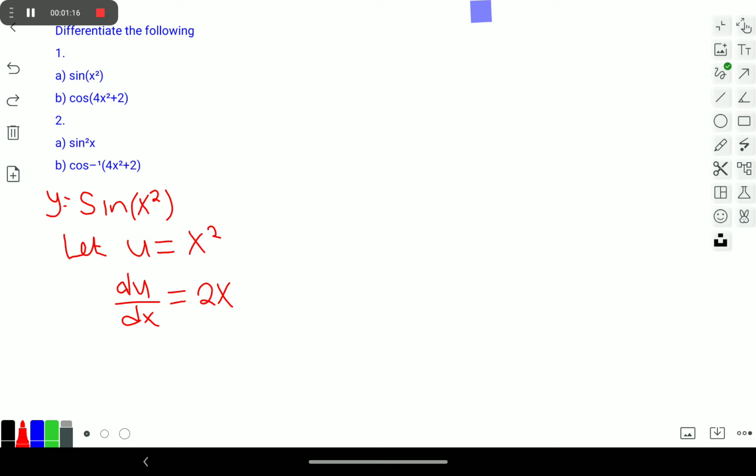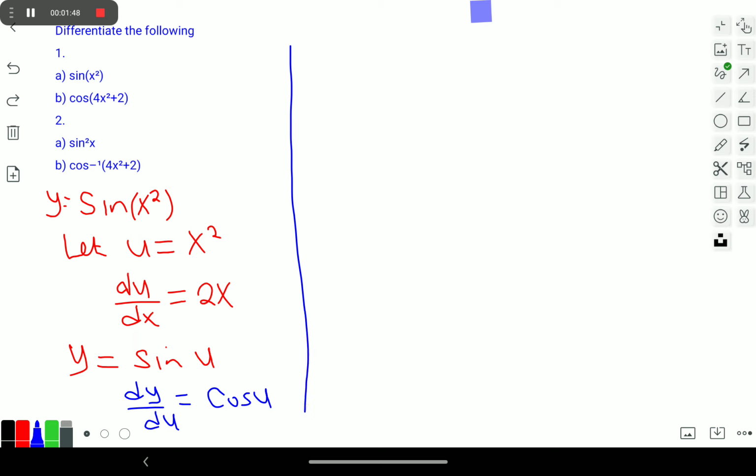Now after this, what should we do? At this point we shall also differentiate y in terms of u. Now y will be equal to sin x squared, which is the same as sin u, and then from there we get dy/du. If you differentiate sin we get cos, so dy/du is cos u.